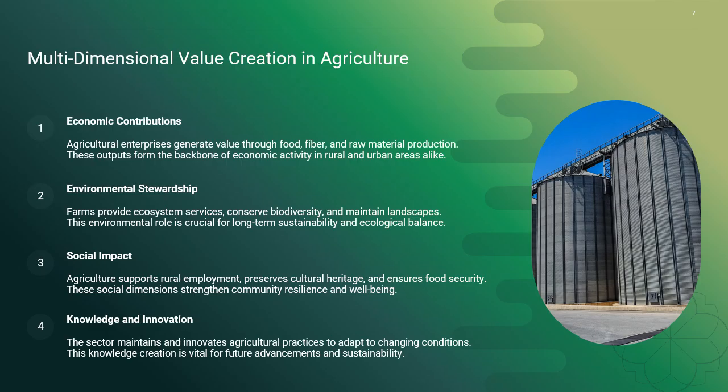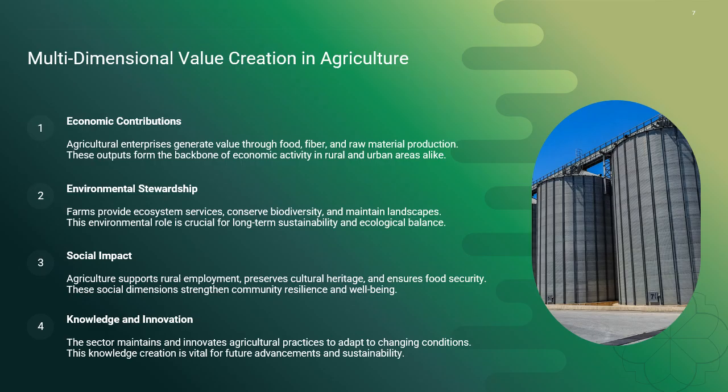Knowledge and innovation represents the intellectual value generated through agricultural practice. The sector continuously maintains and innovates agricultural practices to adapt to changing conditions, whether those changes involve climate shifts, market evolution, or technological advancement.